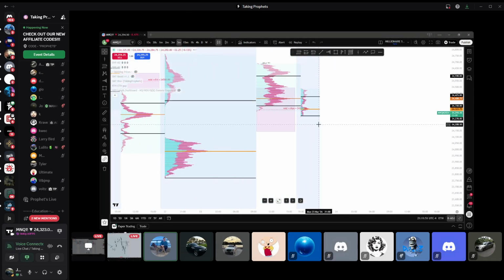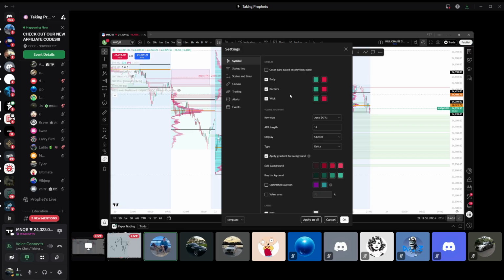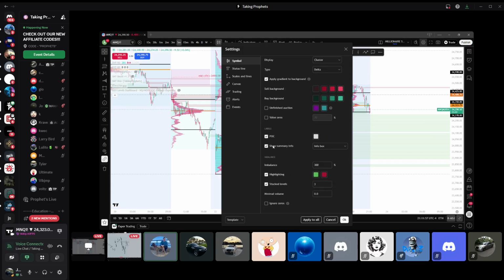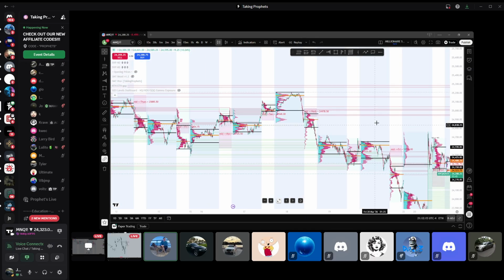But you go to volume footprint, and then you double click the candles, and you can go down here where it says imbalance. Most people have it at 300%. You can go to 400%. I wouldn't go over that because then it's mainly just news after that. You turn on the stacked levels, and then you can see where all the big people put in orders.